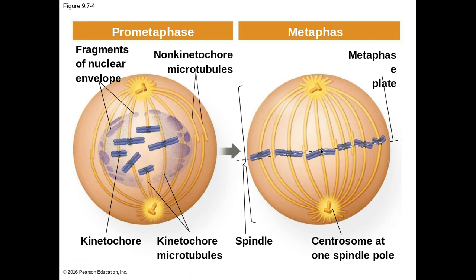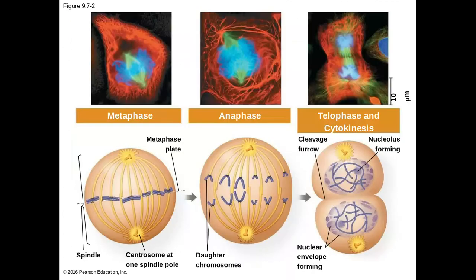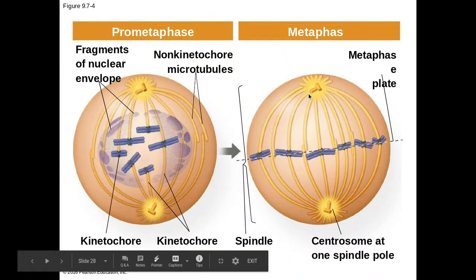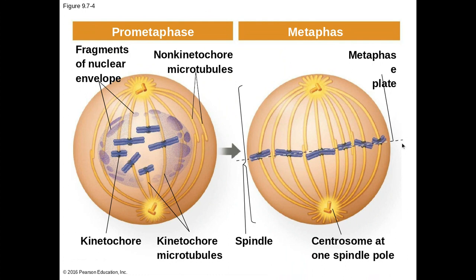That's just in the center of the cell. You can see the sister chromatids are lined up nicely in the center. You can see a good picture of them here. And now you can see the spindles have reached all the way to the center and are attached to the center of the chromosomes.